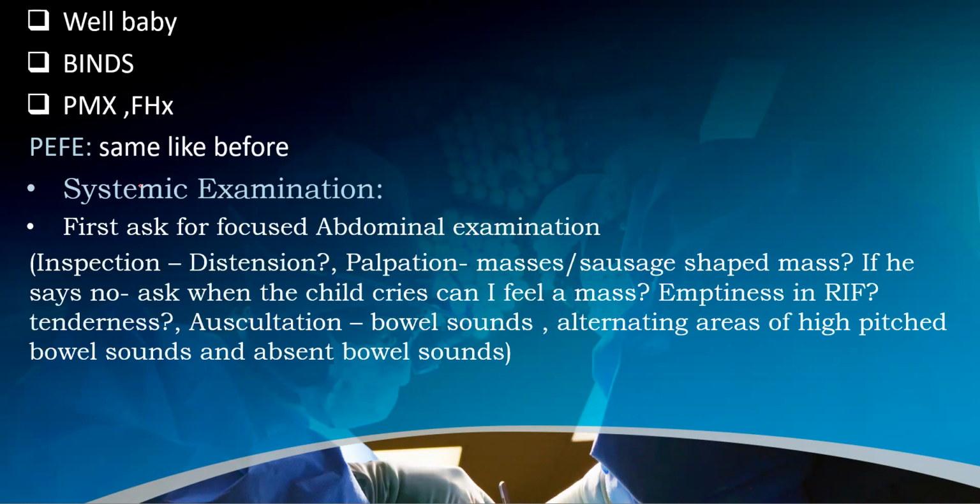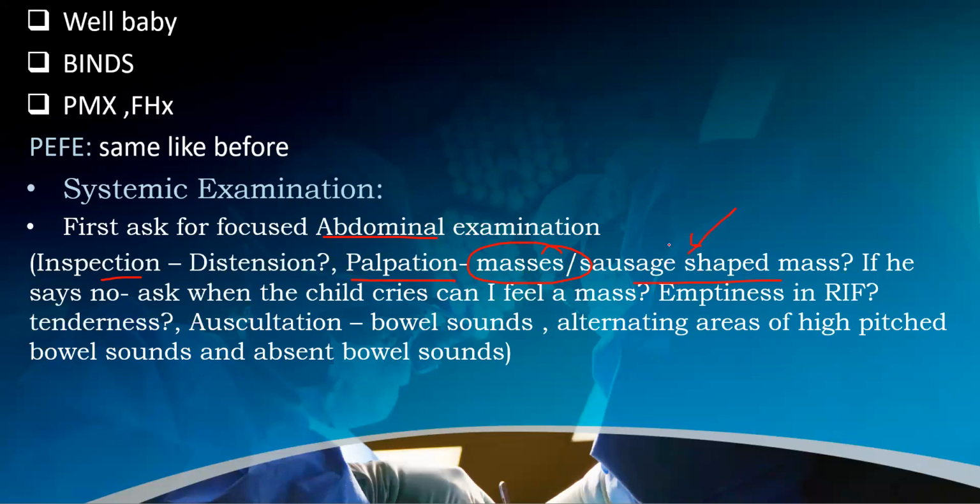Physical examination is same, but on your systemic examination of abdomen, you might find some findings. So on inspection, you're looking for any visible distension, any visible peristalsis. On palpation, you are actually feeling for any palpable mass. Now, in intussusception, you can feel a sausage-shaped mass, and sometimes when the child cries, that mass becomes more palpable.